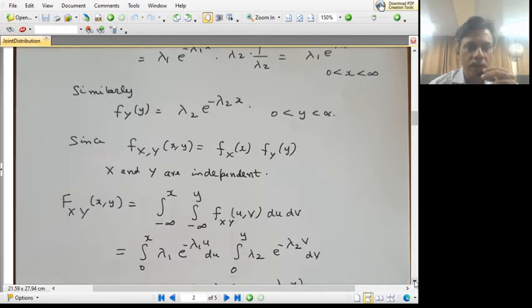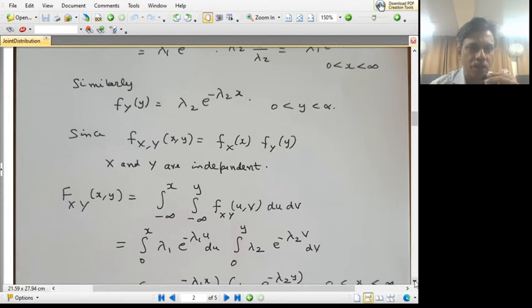Now let us look at some more quantities related to this bivariate exponential distribution. How about the joint CDF, that is capital F_XY of x comma y, defined as the integral from minus infinity to x and minus infinity to y of the density function f_XY of u comma v, du dv.